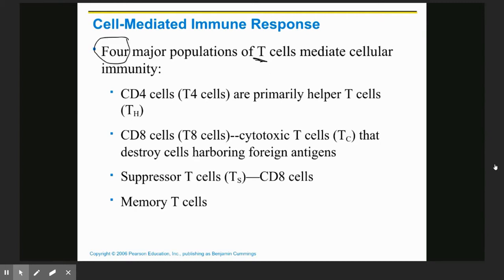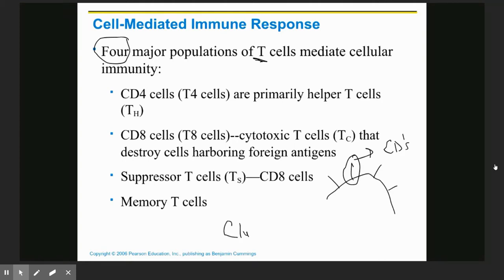Well, we need some way to differentiate T cells. We talked about this a little bit last time, but on the surface of these cells are proteins that stick out. Sometimes the exact same protein is always there, and so we can use it like a signpost. These proteins have been named CDs. CD stands for cluster of differentiation.